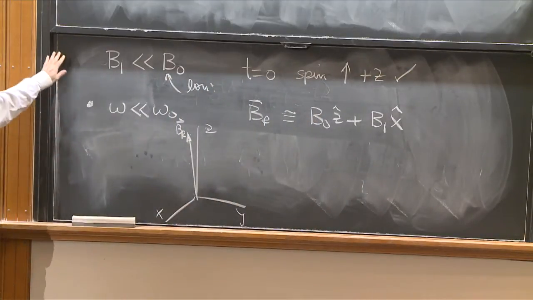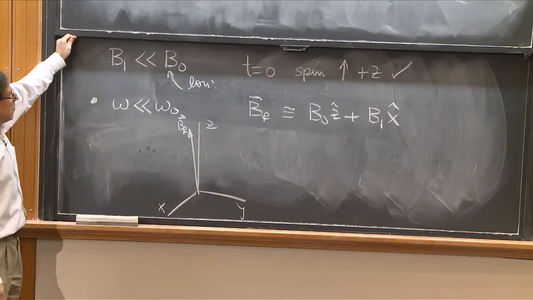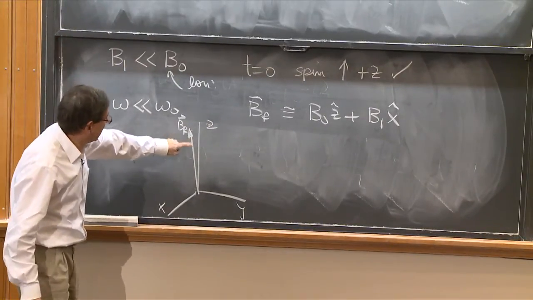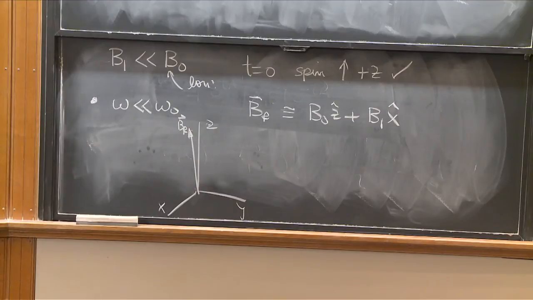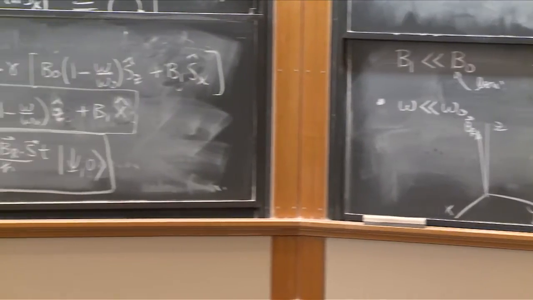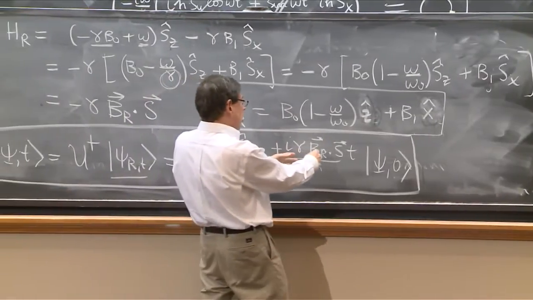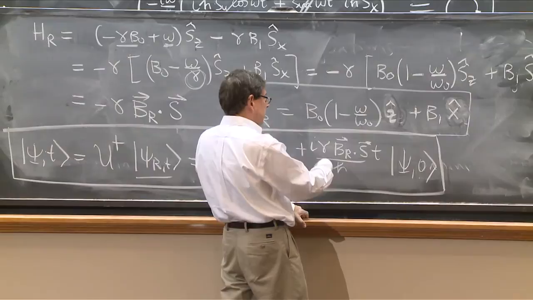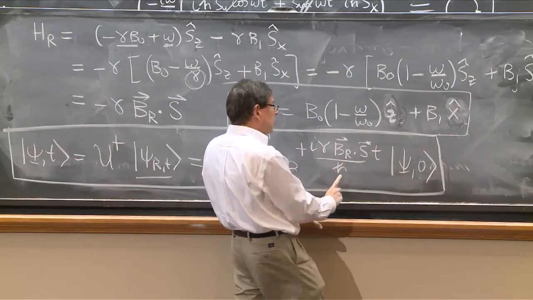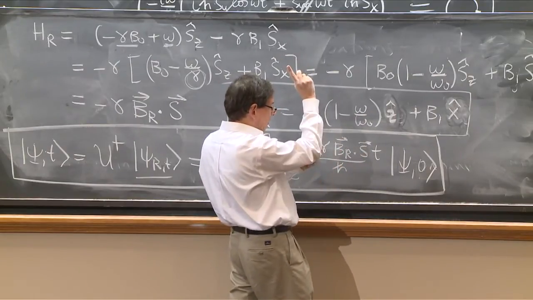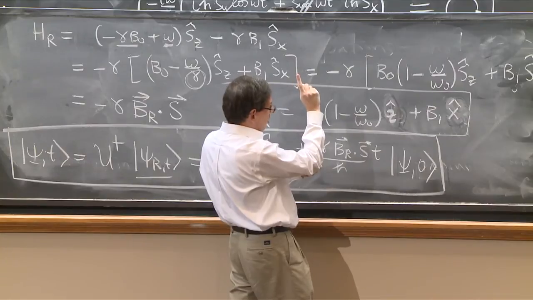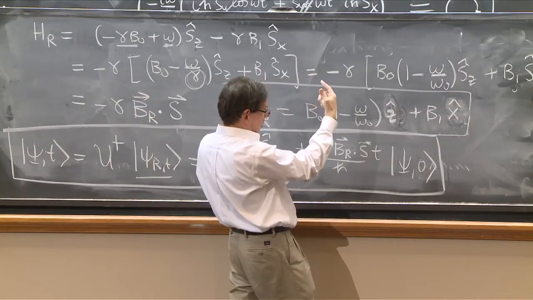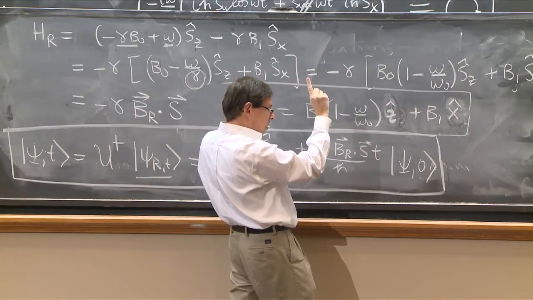So what does this magnetic field do to the spin? Well, you have it here. This is going to rotate the spin states around the axis of B_R.